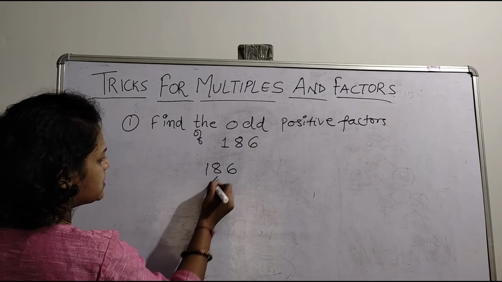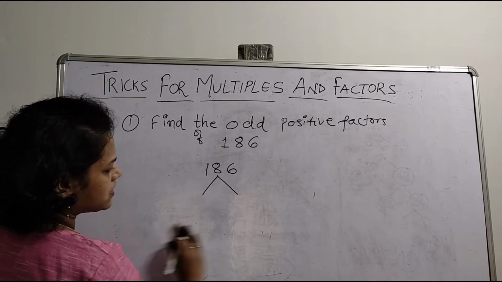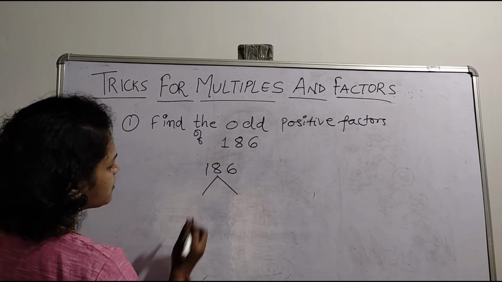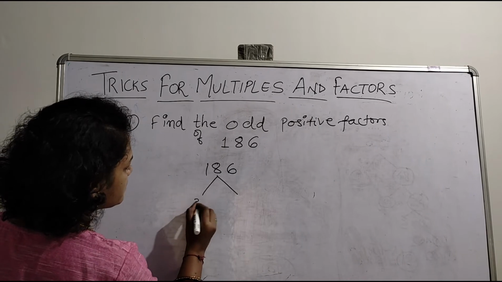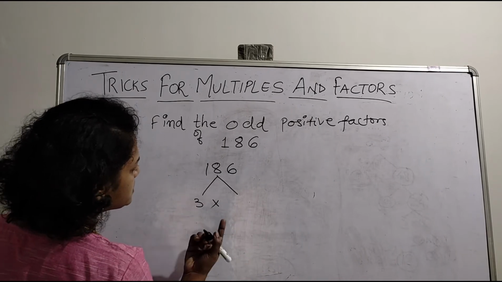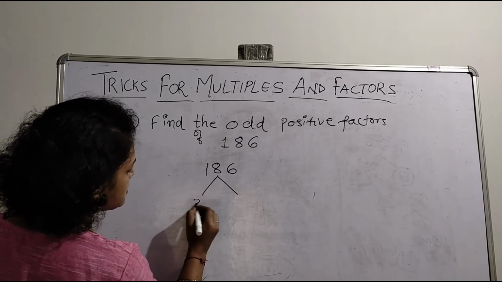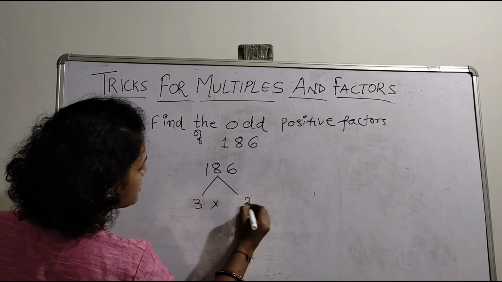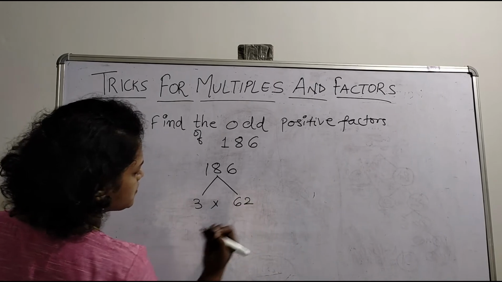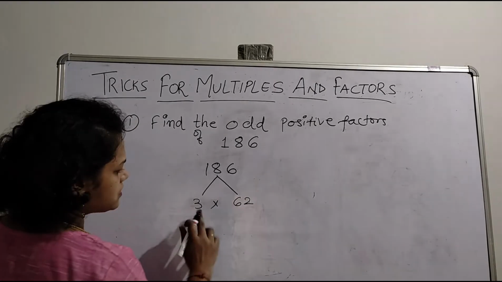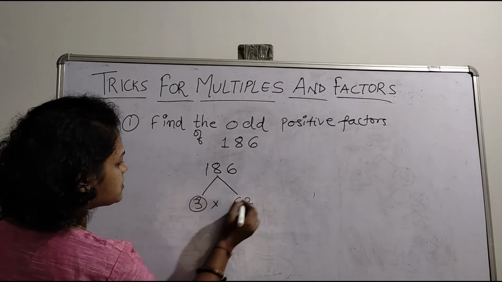Again you can split this as 3 multiplied by how much? Yes, 3 multiplied by 62, okay? Right? 3 multiplied by 62 I can say.